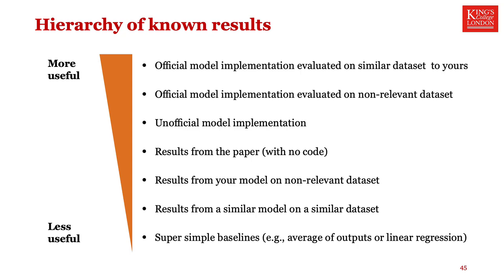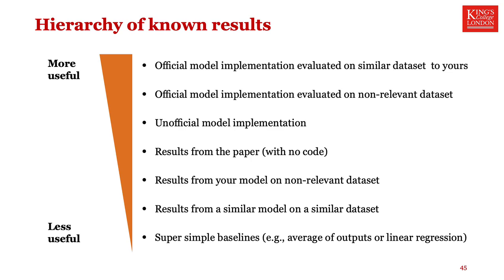So the PyTorch code might be available, but not the original official implementation. In that situation, you have an increased risk, and the results of that implementation are less useful, because there is no guarantee that the person who re-implemented that code has achieved the same degree of performance as the original implementation.